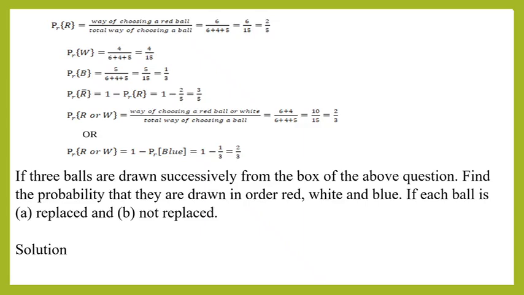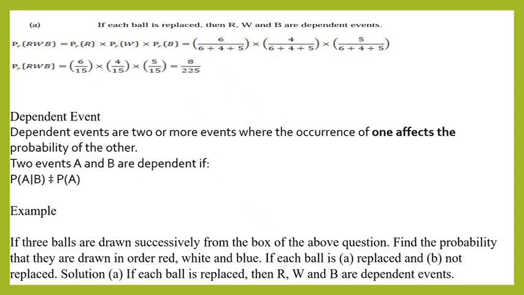Also, if 3 balls are drawn successively from the box of the above question, find the probability that they are drawn in order red, white, blue, if each ball is replaced and not replaced.